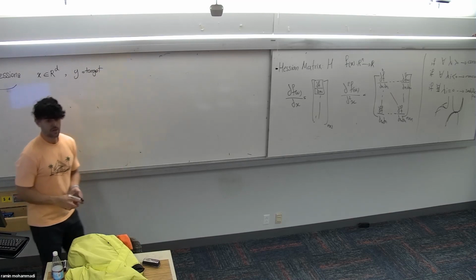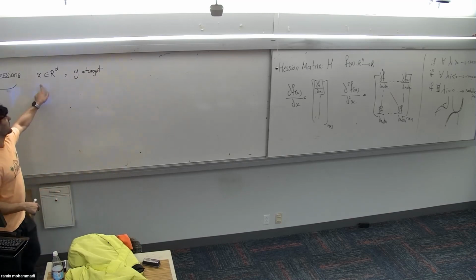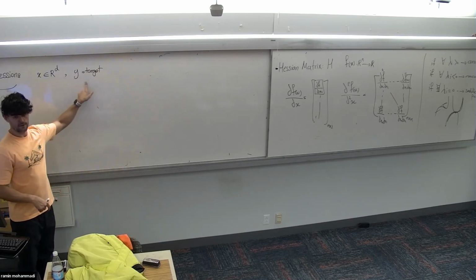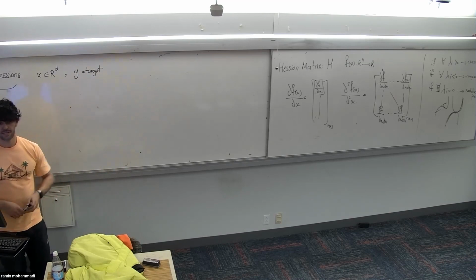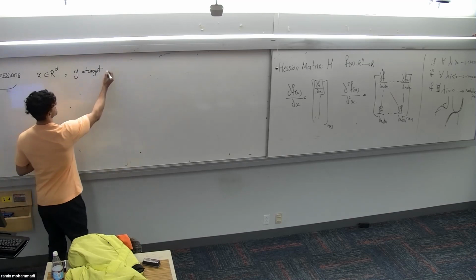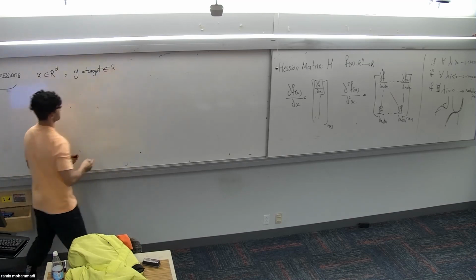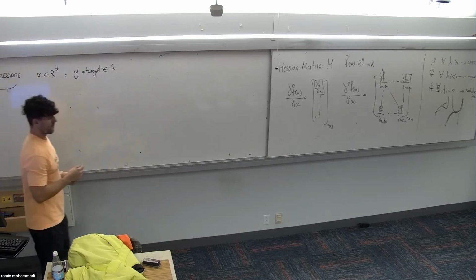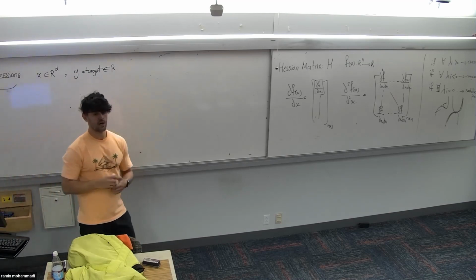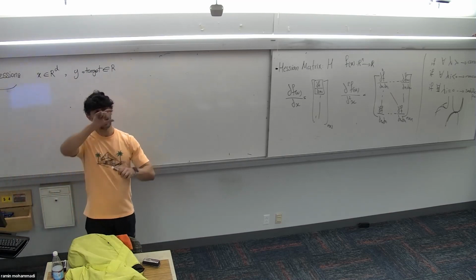Okay, so I want to learn to predict x to y, right? And I know y is a real number because it's regression. So y is a real number. Now, all I think about is that, okay, I have a vector.